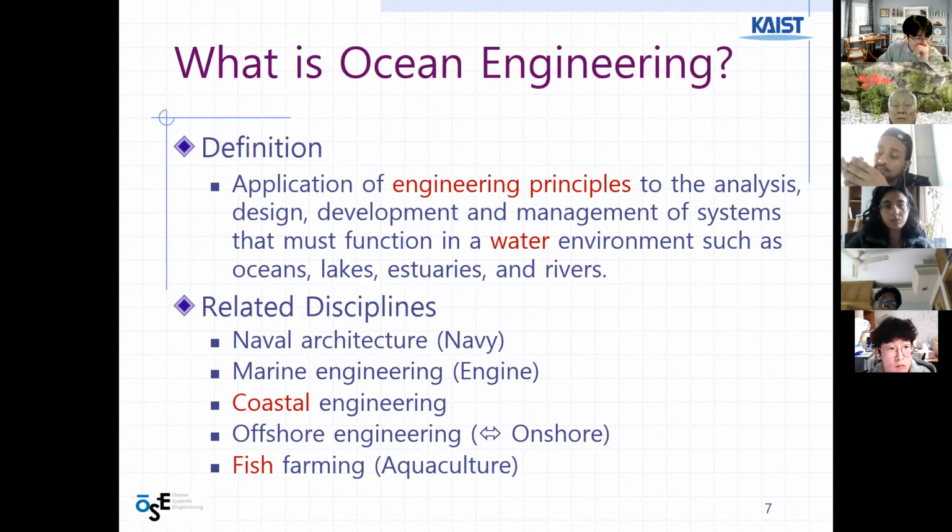We started from Navy, but nowadays commercial shipbuilding is more popular than Navy ships. And marine engineering is mainly focused on the engine of the ship. And coastal engineering is engineering utilization of the coastal area near the ocean, land. And offshore engineering is far away from the onshore. And fish farming is growing. Another name is aquaculture.